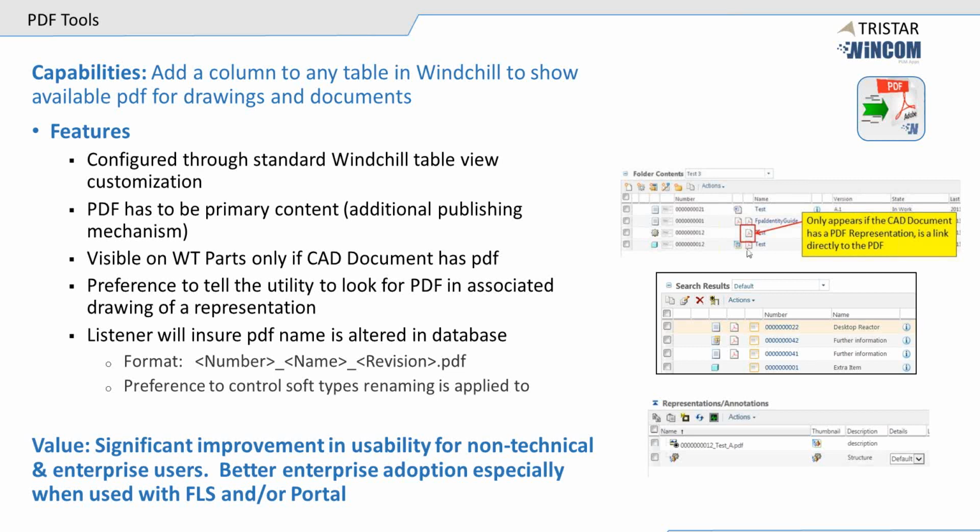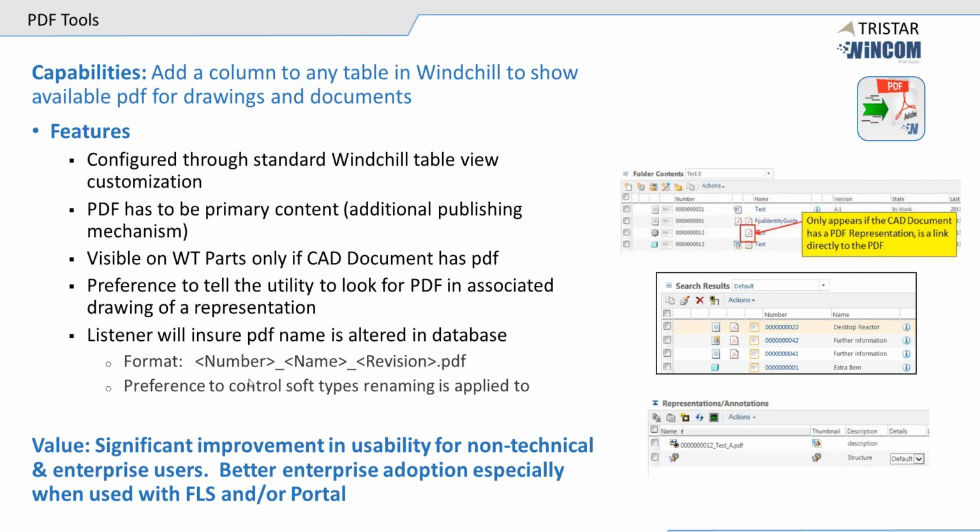The next app is called the PDF Tools, and this one really is the ability to, within Windchill, quickly get that PDF file. This one is a required component to that little PDF icon that you saw in Flexible Light Search. It uses the additional publishing mechanism in Windchill, but also has some intelligence, like a listener defined, to rename these PDFs.